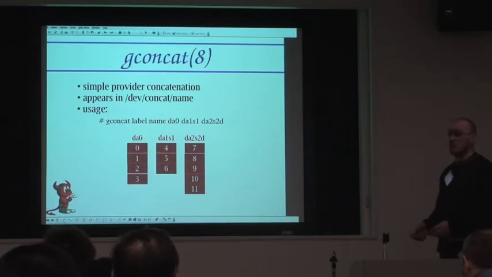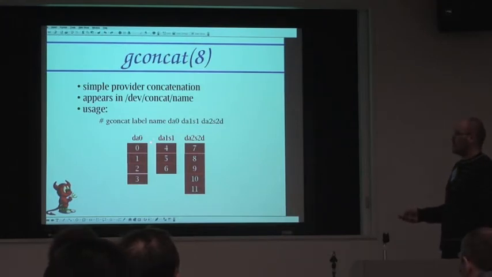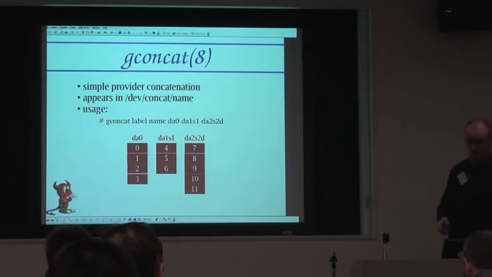There are no special GEOM providers. So in this example, I concatenate whole disk da0, a slice da1s1, and also a partition da2s2d. So you can concatenate anything. You can even add a mirror here or an encrypted provider here, whatever you like. This is your decision, and GEOM doesn't restrict your choice.